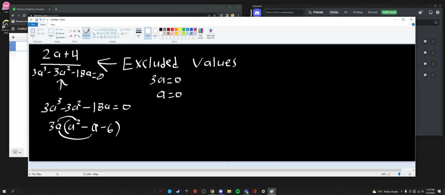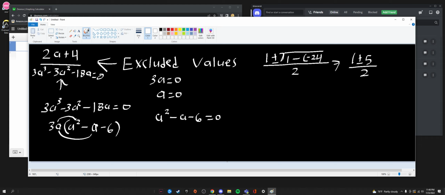This simplifies down into 1 plus or minus, well, 1 minus negative 24 is just 25, and the square root of 25 is just 5, so we would have 1 plus or minus 5 over 2, and from that we derive two answers. If we add 5, we get 6 over 2, which is just 3, so a equals 3, or we subtract this time and we get negative 2.